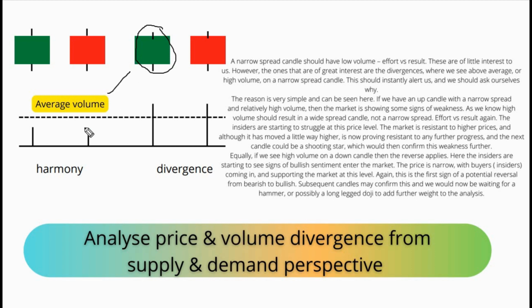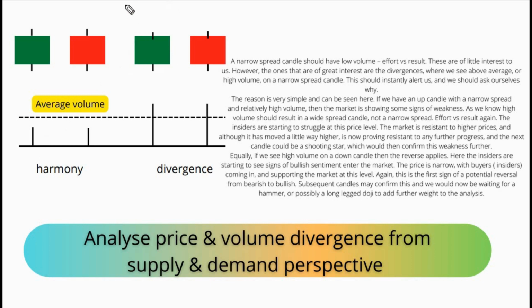That after this uptrend, from here on, the big players are entering into the markets towards the opposite side. They are selling into the markets. That's why prices are not able to move up aggressively.